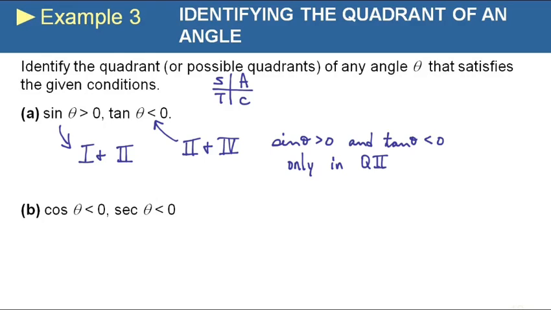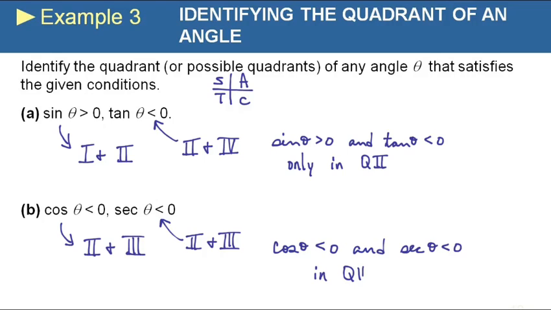So where is cosine negative? Well, if you look, cosine is negative in quadrant 2 and quadrant 3. But then so is secant because they're reciprocal functions. So cosine is negative and secant is negative in quadrant 2 and in quadrant 3.